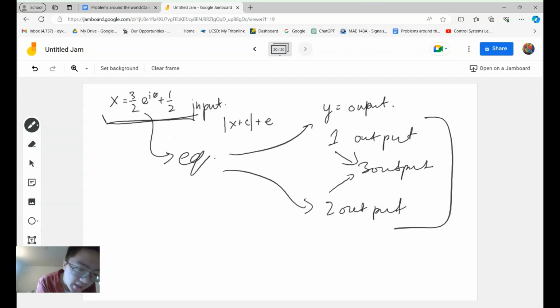Now, what does x do? The absolute value would turn this into a purely real function, and it will give you output. And e is actually taken as a special thing, so you shouldn't use e. Let's just say that we just do absolute value there. So with absolute value, we get a purely real function, and it's the magnitude of this thing.